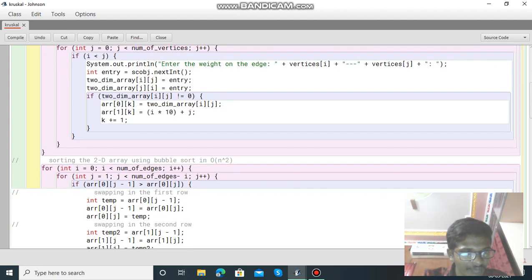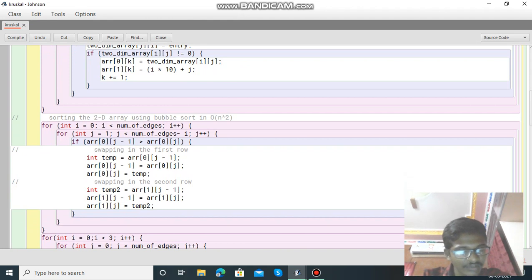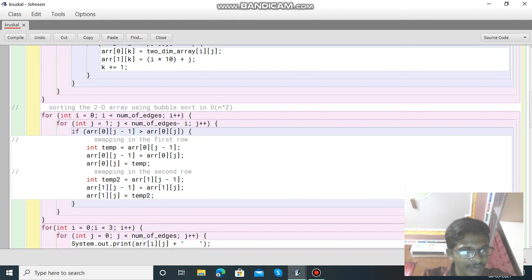Then we sort the two dimensional array using bubble sort, in order n squared. We use a for loop, int i equal to 0, i less than number of edges, i plus plus. Now again we use a for loop, int j equal to 1, j less than number of edges, j plus plus.